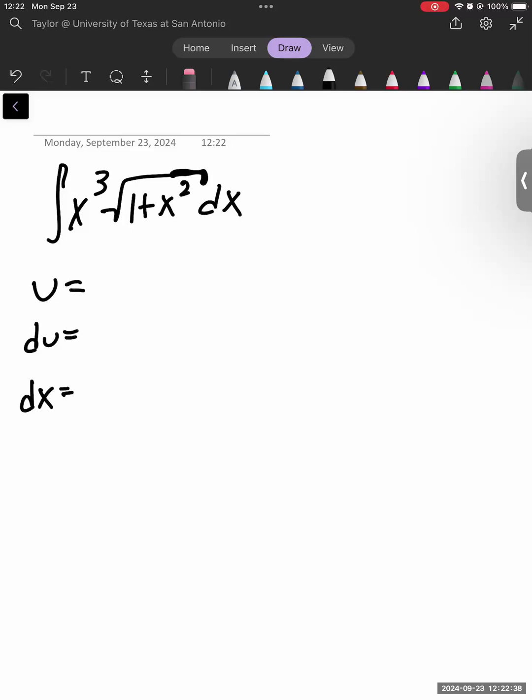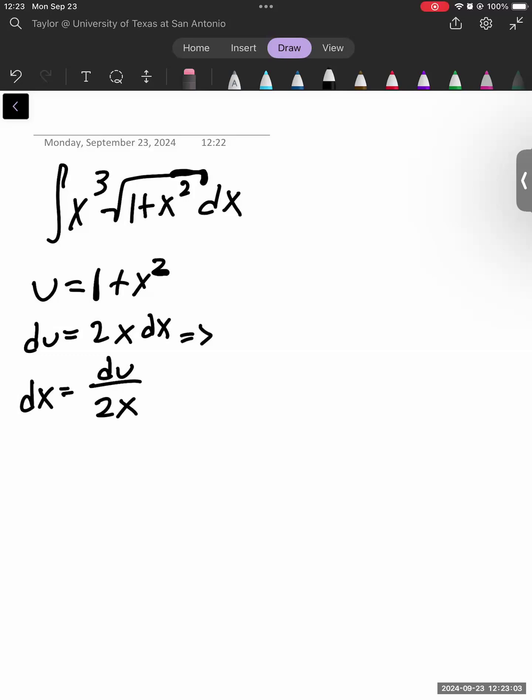What is our u term? Nice. 1 plus x squared. Thank you, Luis. And then the derivative of this will be 2x dx. Nice, thank you, Bianca. And then this makes dx equal du over 2x.